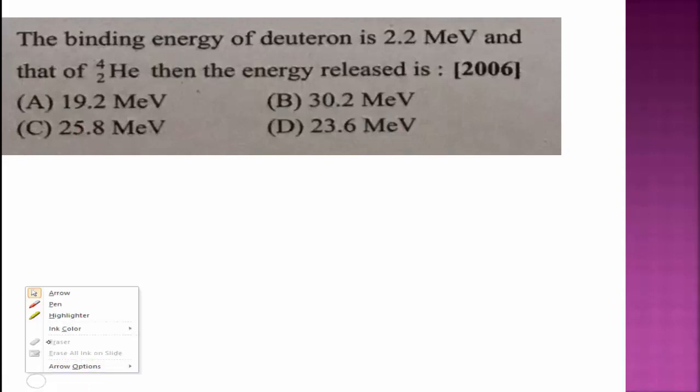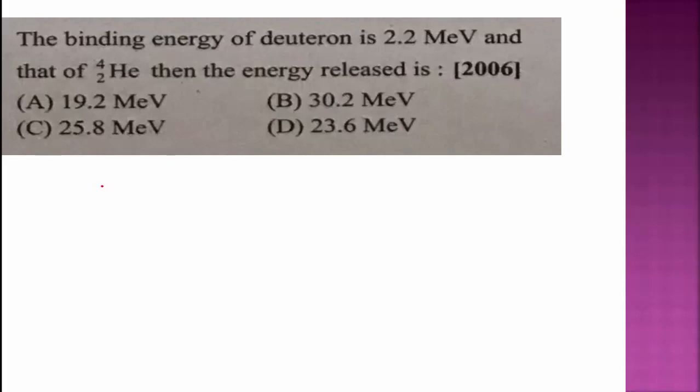The next question is: the binding energy of deuteron is 2.2 mega electron volt and that of helium is 28. Then find the energy released during this reaction. Here the binding energy of the deuteron means it is a nuclear fusion reaction.